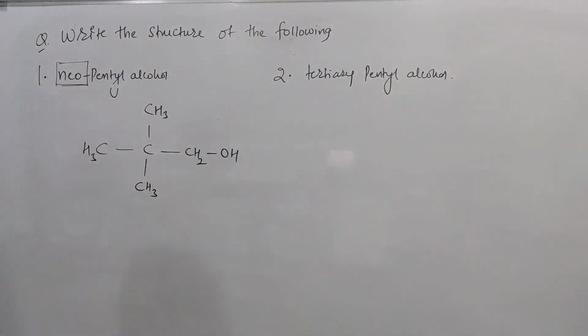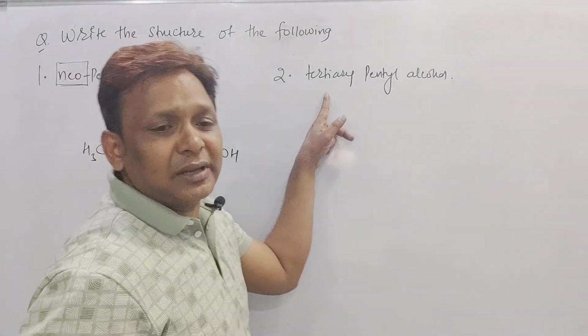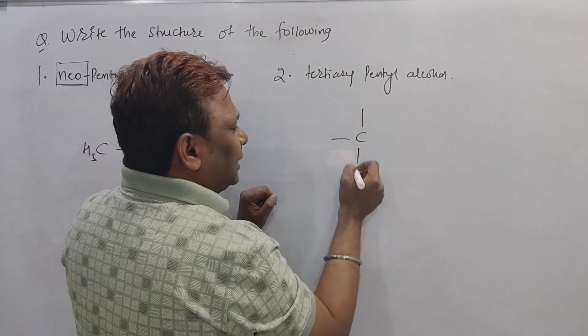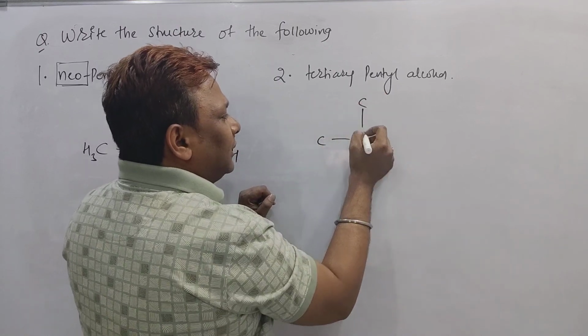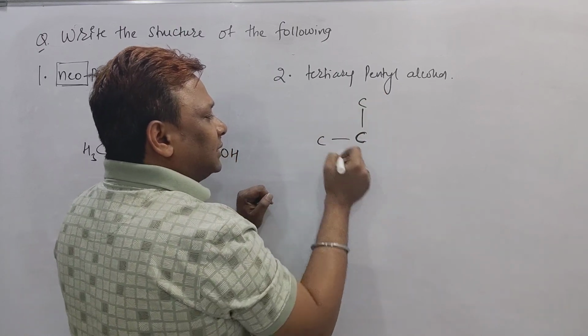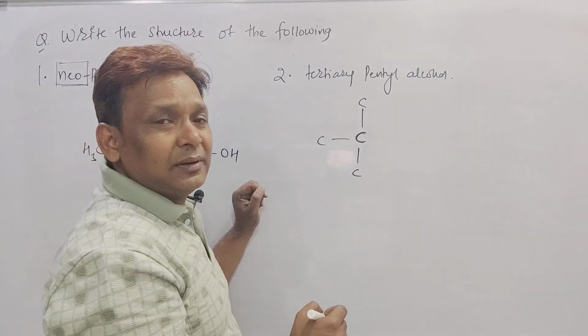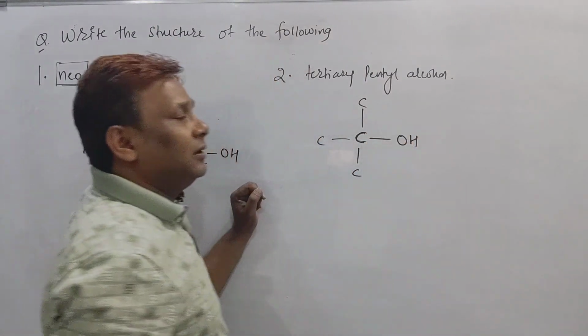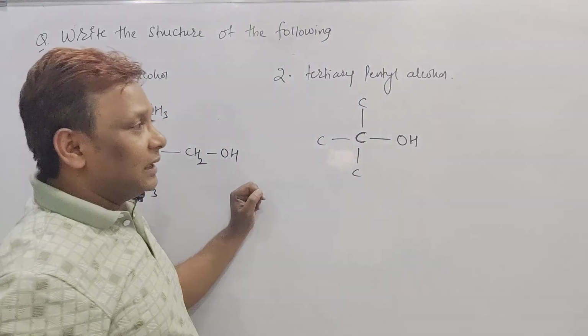For getting tertiary pentyl alcohol, first of all I should know the tertiary carbon. So this is my tertiary carbon. Did you see, beta, for the tertiary carbon I told you a carbon atom attached to 3 other carbons is called a tertiary carbon, and this tertiary carbon should be bonded with an OH group, called a tertiary alcohol.